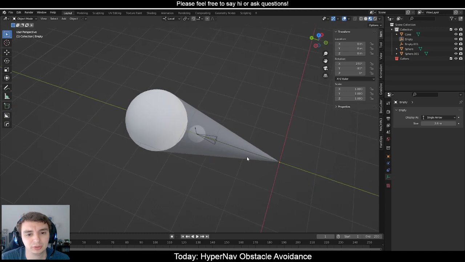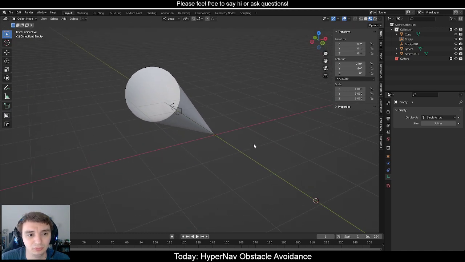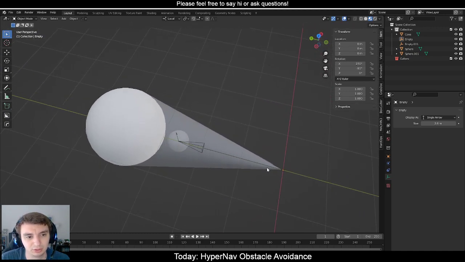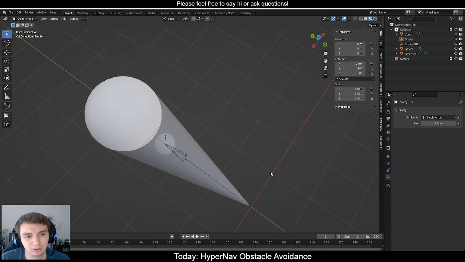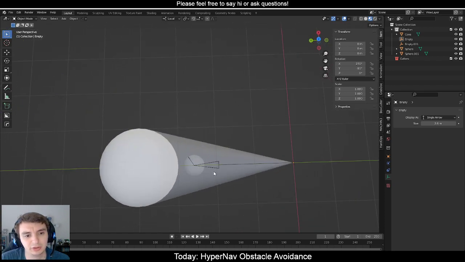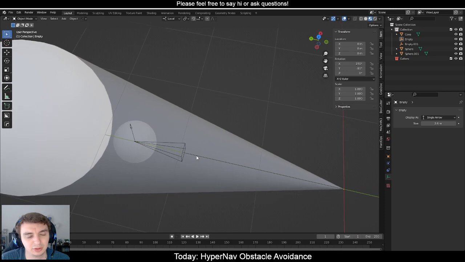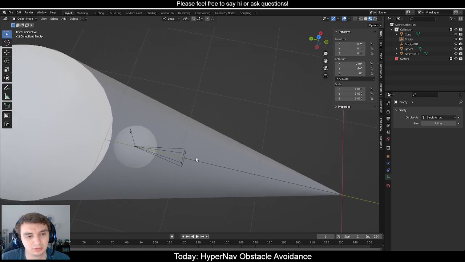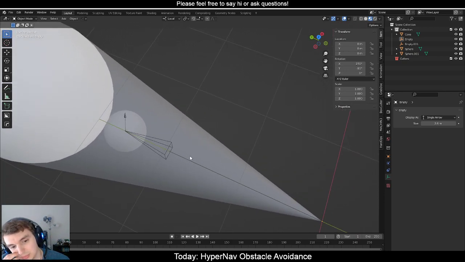I'm going to go from the origin to these points and find that they don't intersect the sphere. Hmm.